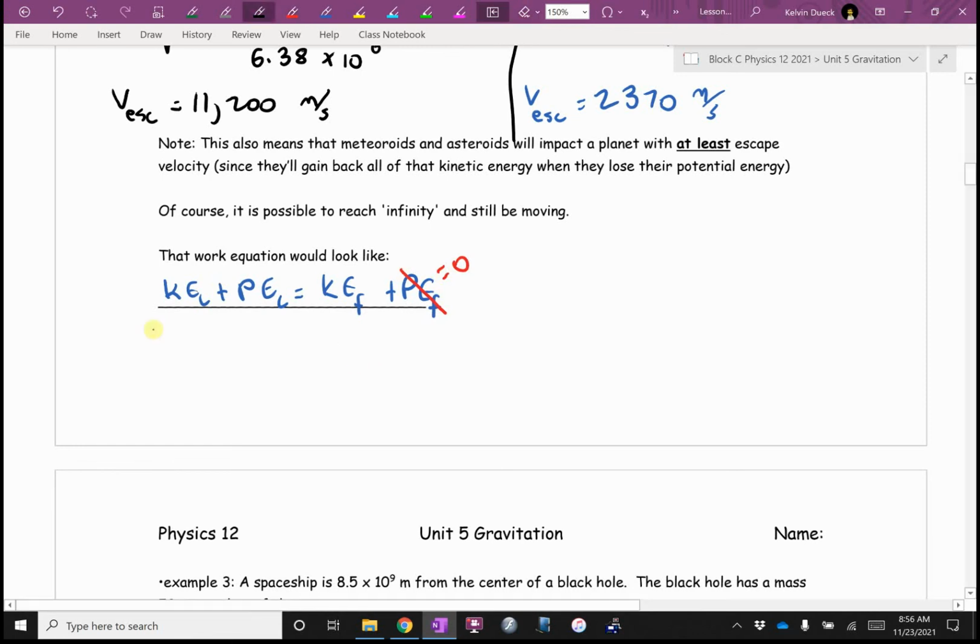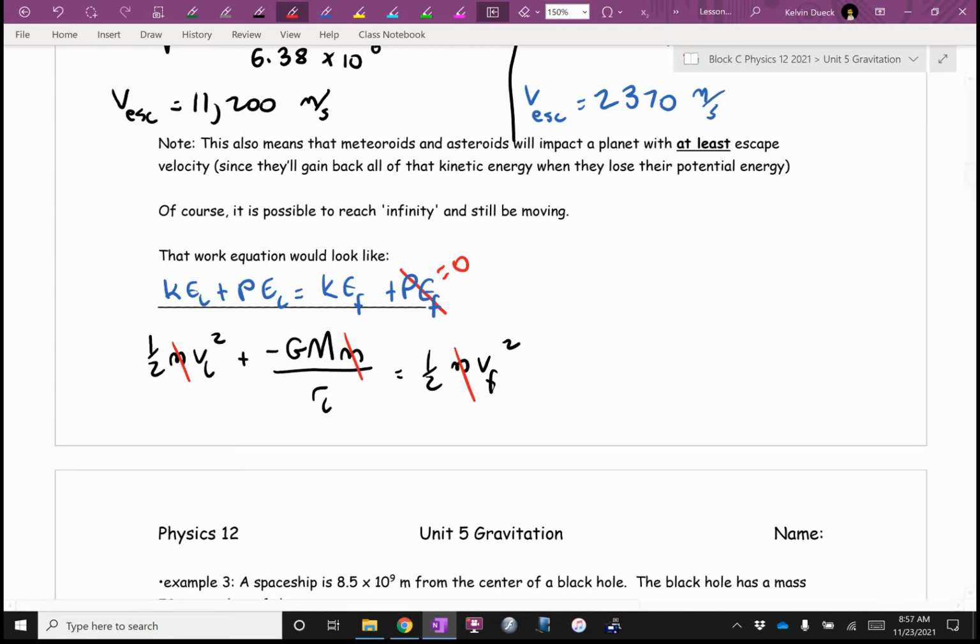That would look like a half m v initial squared plus negative big G, big M, little m over R initial equals a half little m v final squared. The little m's would still cancel. And then you can kind of mix and match from there.